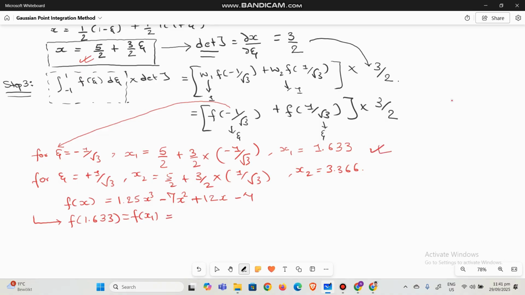If you put the value of x as 1.633 and hit the calculator, you're going to get 2.372. Similarly, for f of 3.366, you are going to get the value 4.7530. Okay, we're going to get this now.